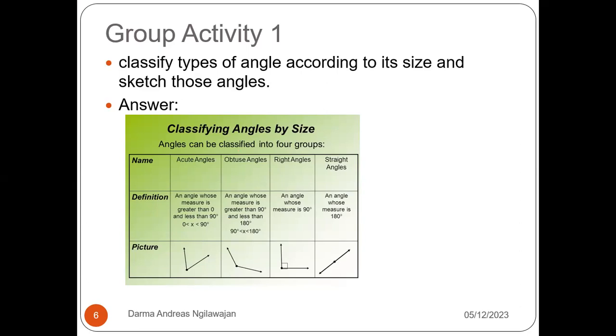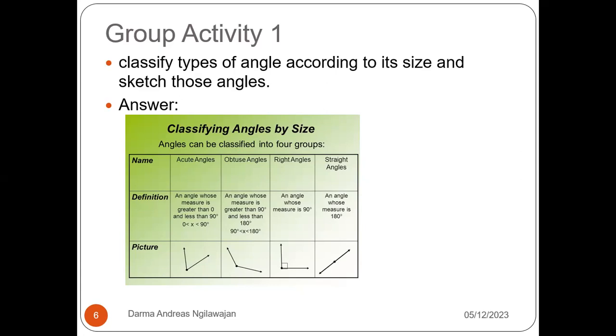In this group activity, you will classify angles according to their size. Okay, so as you can see on the screen, the direction is classify types of angle according to its size and sketch those angles.